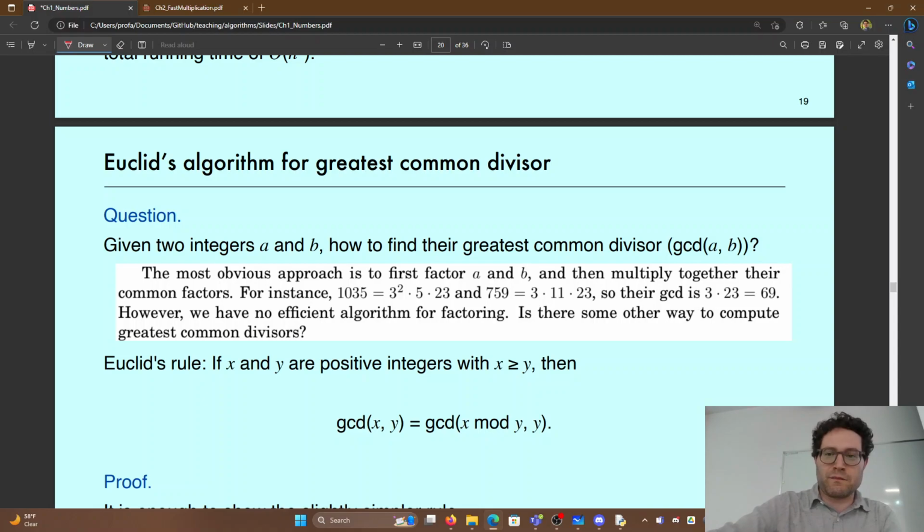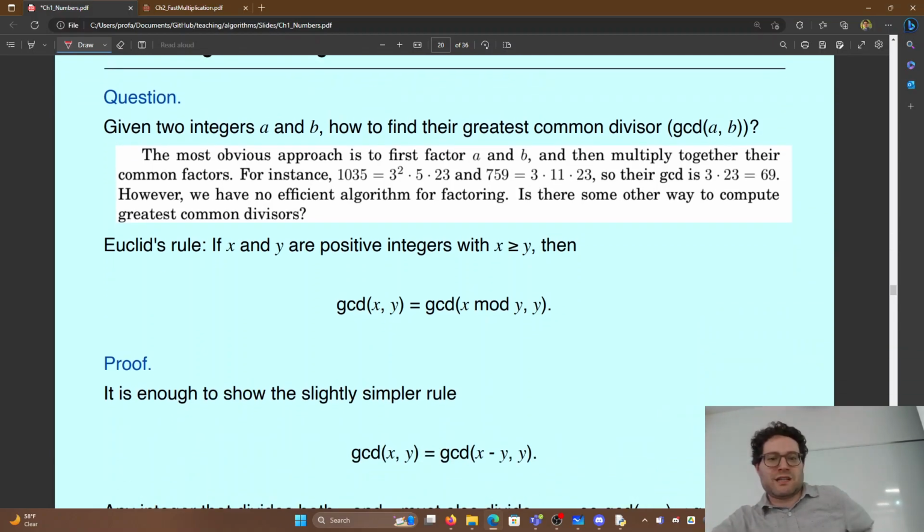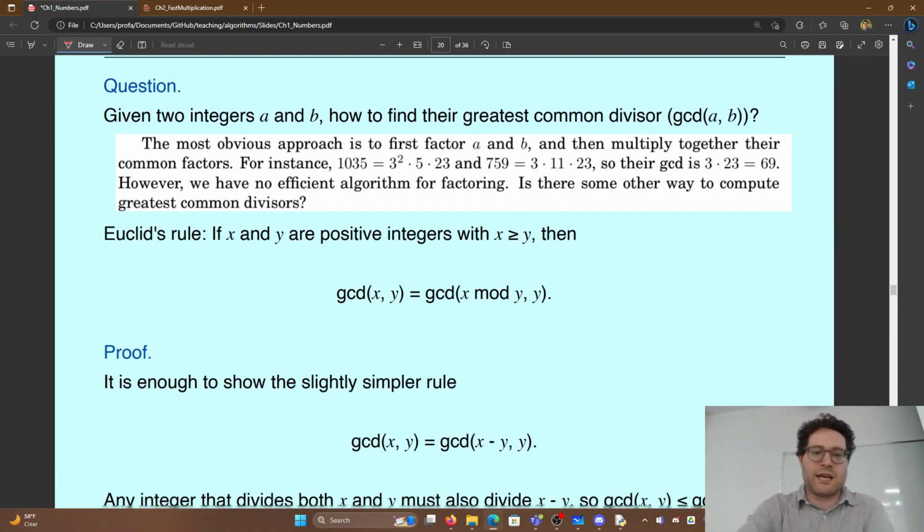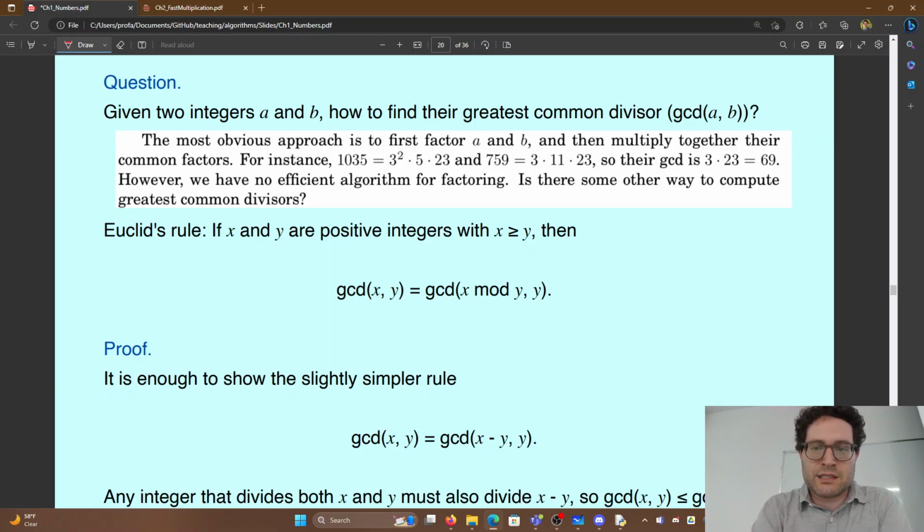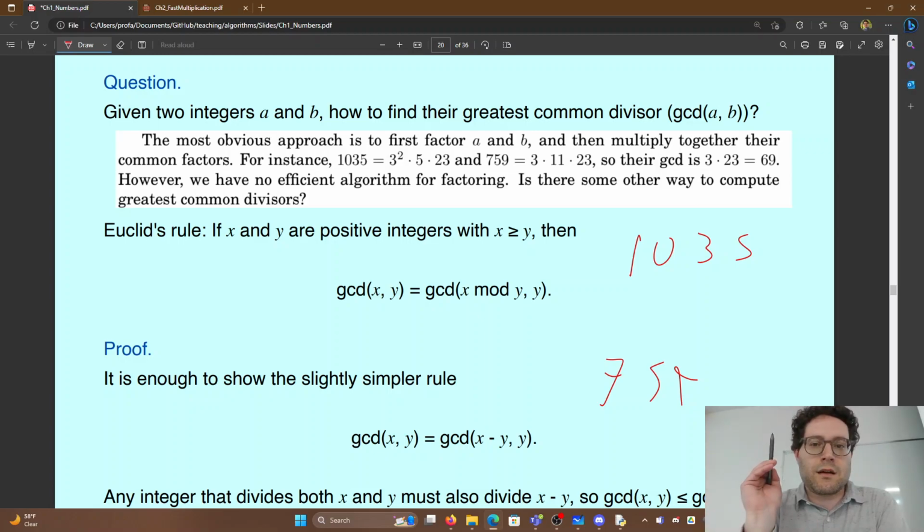The way we would want to do this, if we've got two numbers like 1035 and 759, and we want to figure out their GCD, the obvious approach is to figure out what their factors are, right?